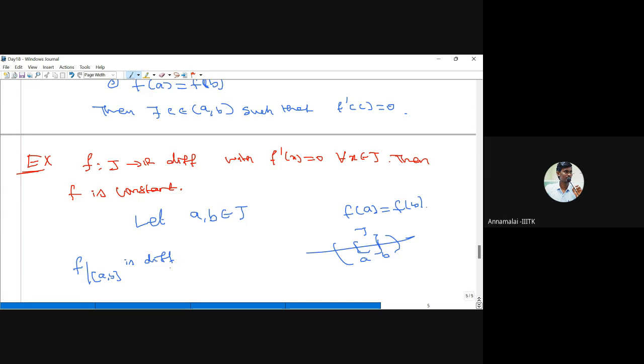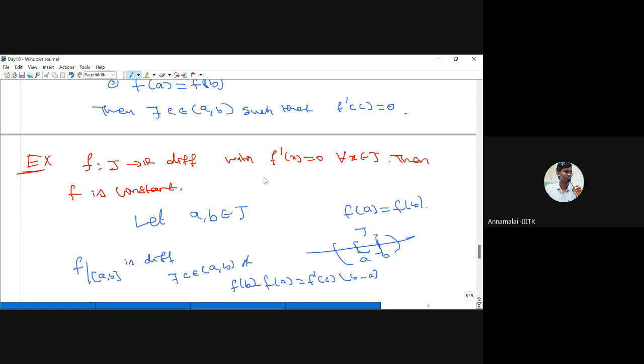Now apply the mean value theorem to this function. It's differentiable and therefore continuous. Therefore, there exists c in the open interval a comma b such that f of b minus f of a equals f dash of c into b minus a.